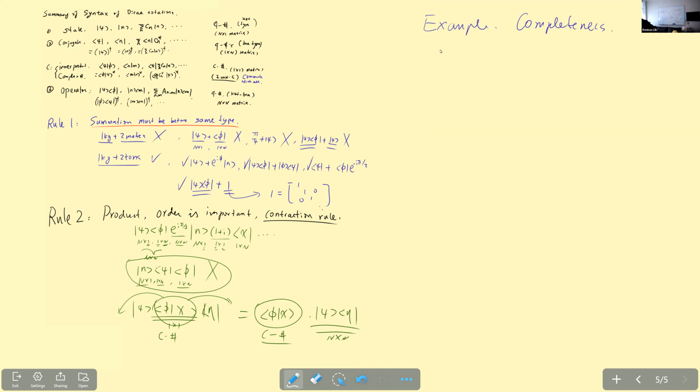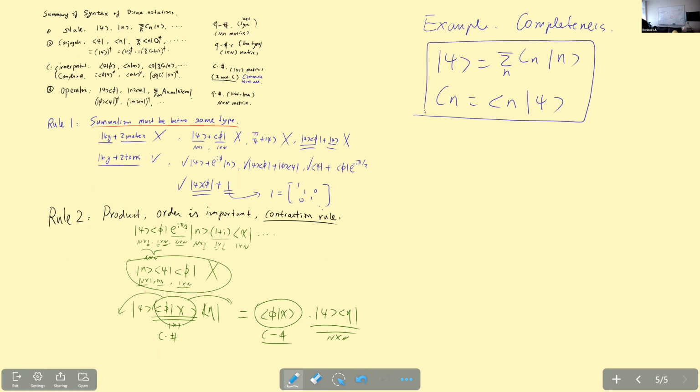You know that for completeness, we said that any state |ψ⟩ can be written as a summation of c_m and |m⟩, with c_m just equal to ⟨m|ψ⟩. And now we can do this very easily. The completeness just means the summation over all the bases, Σ|m⟩⟨m|, is just equal to 1. This is very easy, right?